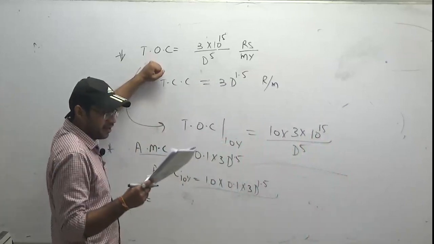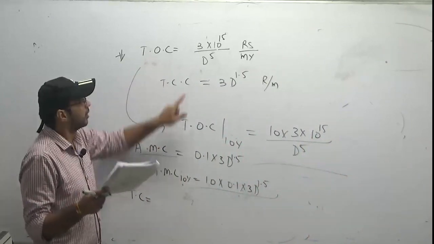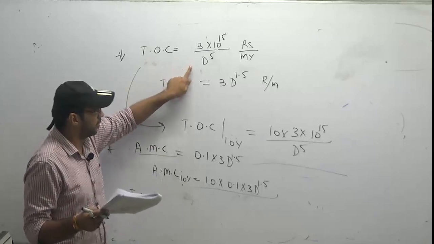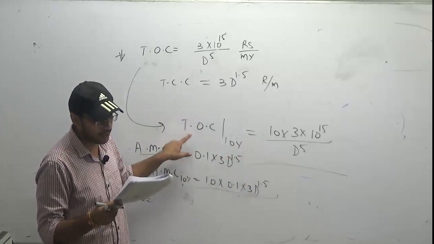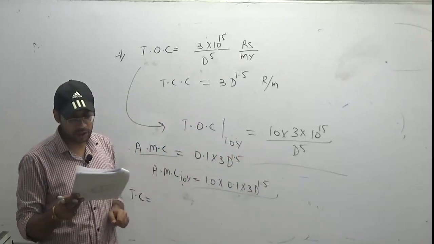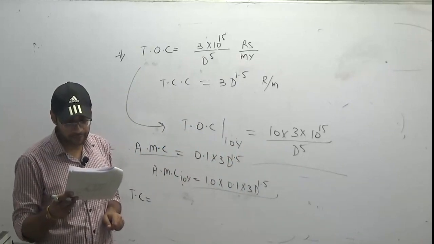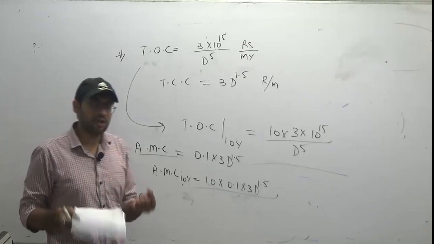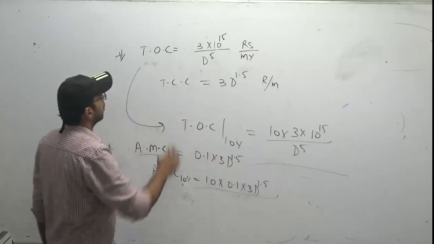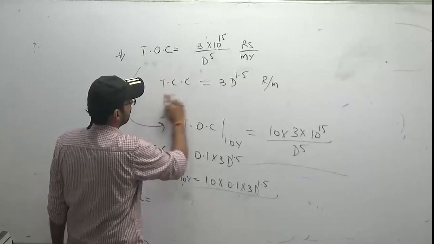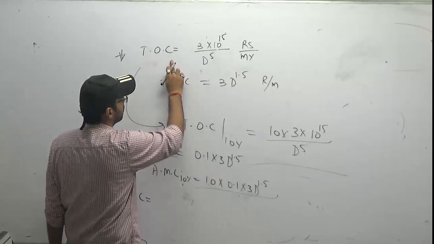Right. And we know one thing. This is for per year. This is for 10 year total operating cost. And capital cost is what? Capital cost is for one time, right? One time investment. So this is the total capital cost, this is total operating cost for 10 years.